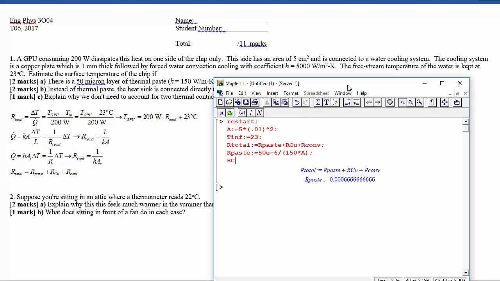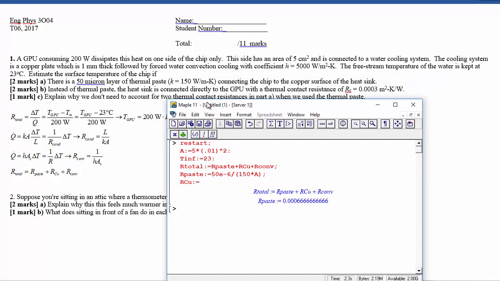The resistance of the copper is equal to the thickness of the copper, which is 1 millimeter, divided by K copper times the area, and we're going to need to figure out what the conductivity of copper is. Did they give us that?